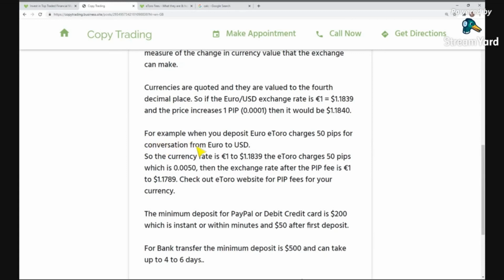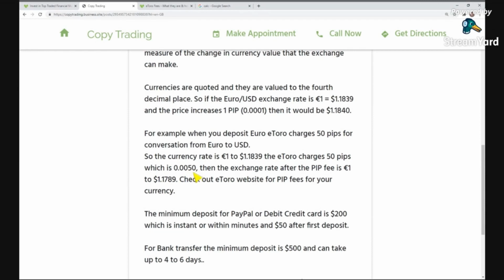Okay, so for an example, when you deposit euro, eToro charges 50 pips for the conversion of euro to USD. Okay, so it charges 50 pips. It's different for other currencies. I'm going to show you that in a minute. So let's say the currency rate for €1 is 1.1839. eToro charges 50 pips, which remember is 0.0050.